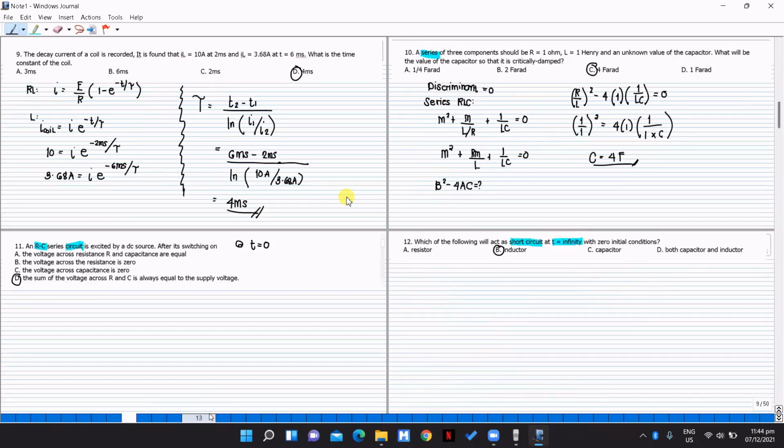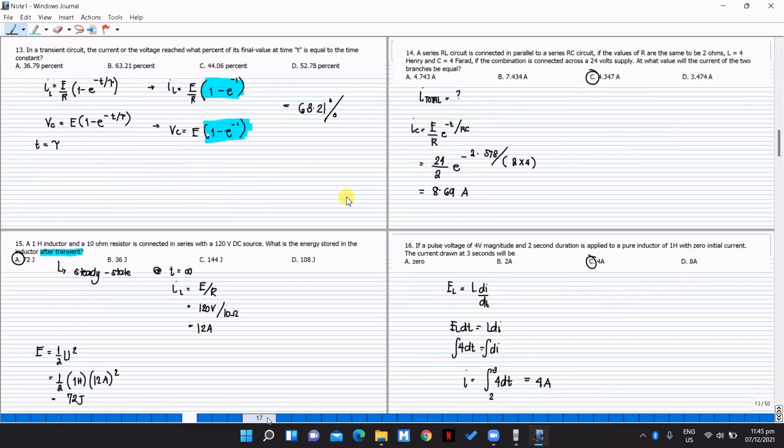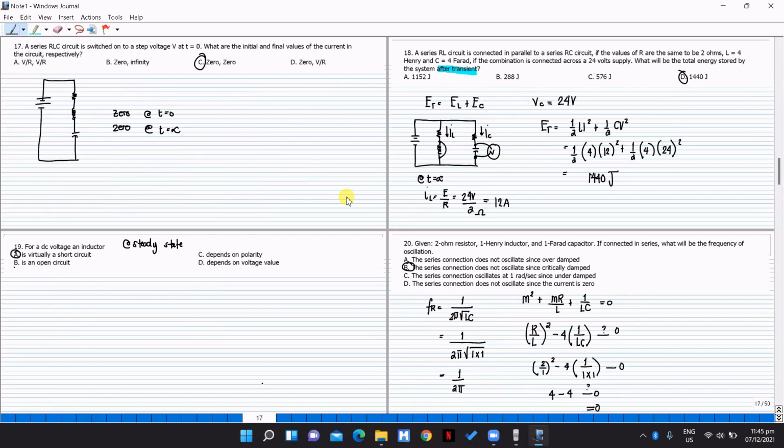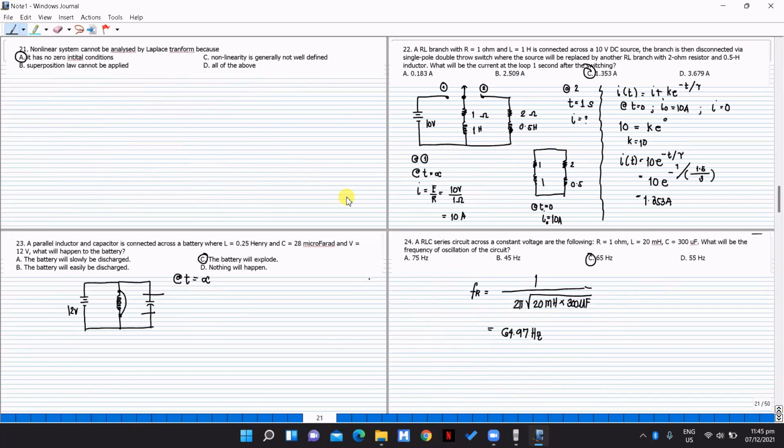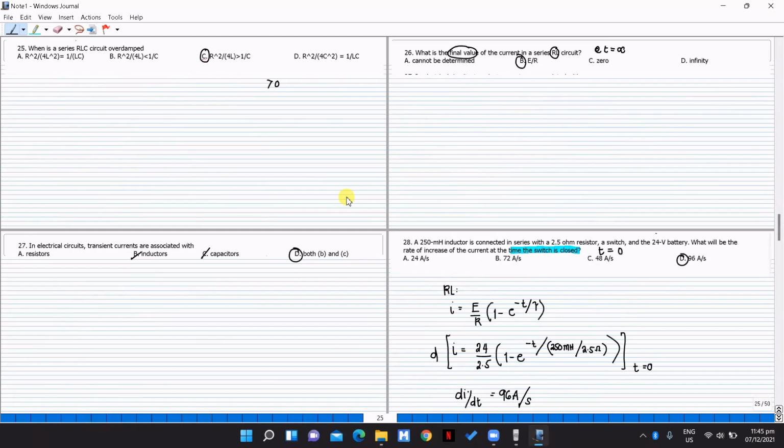Nine to 12. 13 to 16. 17 to 20. 21 to 24. 25 onwards. 29 onwards.